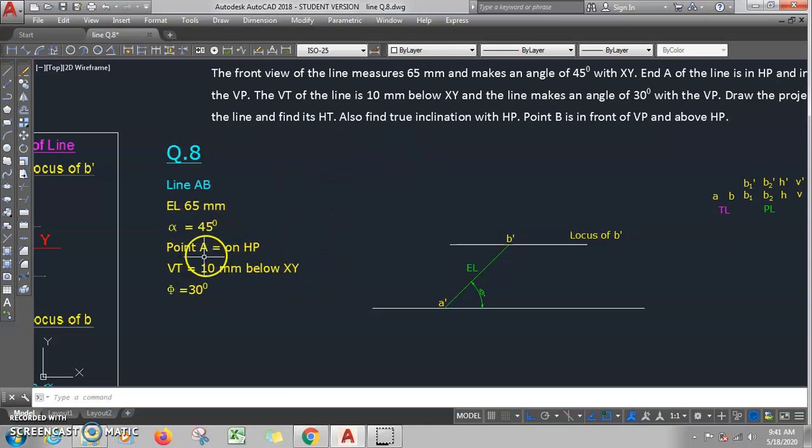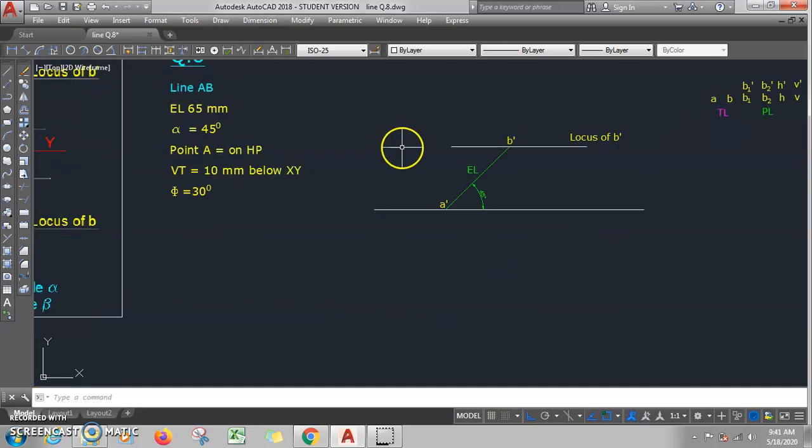Now the next thing is what? VT is 10 mm below XY, the vertical trace.